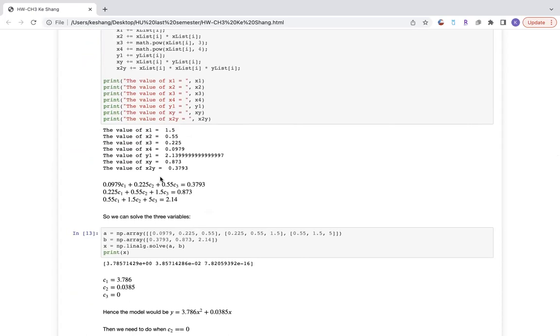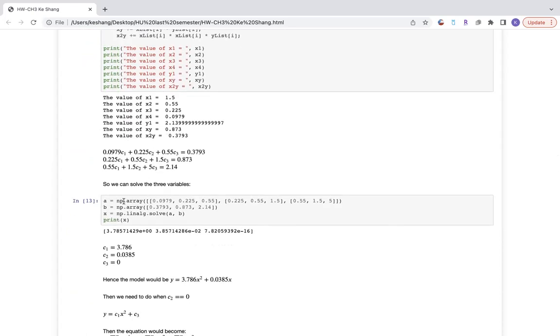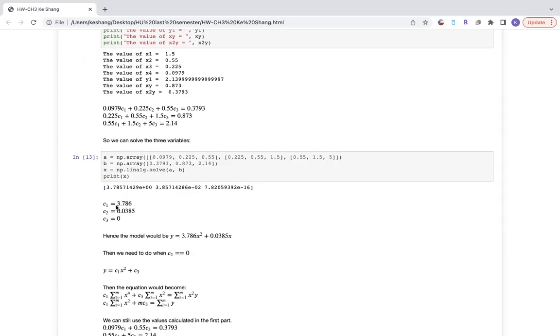So we can plug in those numbers here. Here I also use Python to solve the three unknown variables. So C1 is equal to 3.786, C2 is equal to 0.0385, and C3 is basically 0.